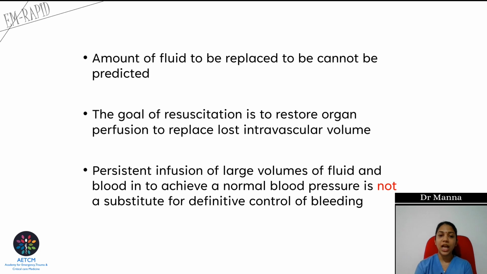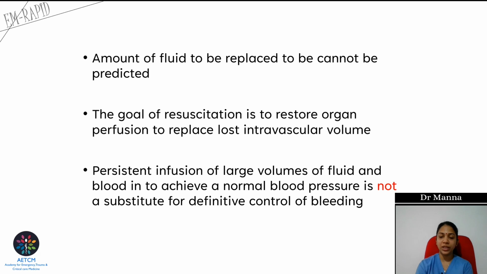And the amount of fluid to be replaced, how much the patient has lost, we cannot predict that, but our aim is to restore the organ perfusion by targeting a MAP between 50 to 60. And if there is a need for further volumes, we will not be giving much fluid, we will be giving blood products only.